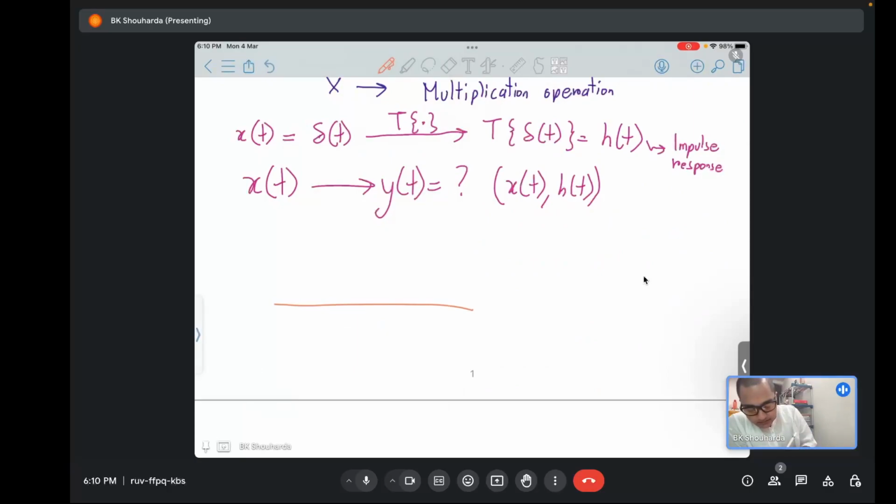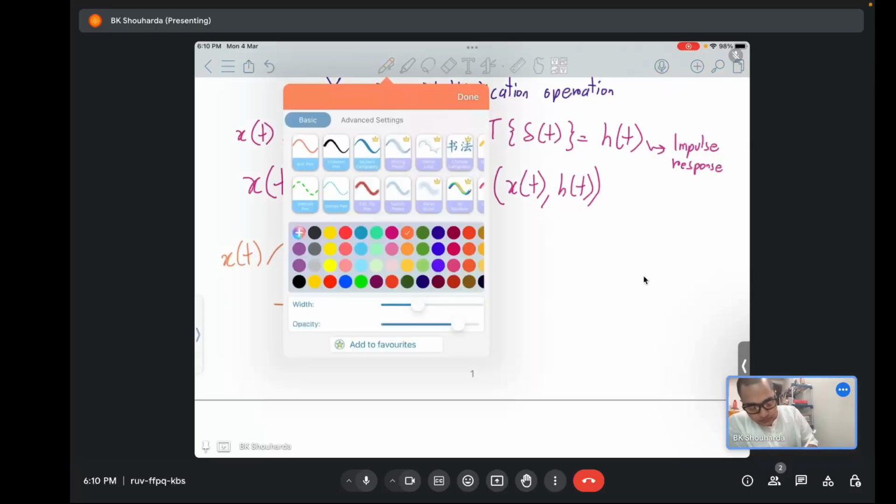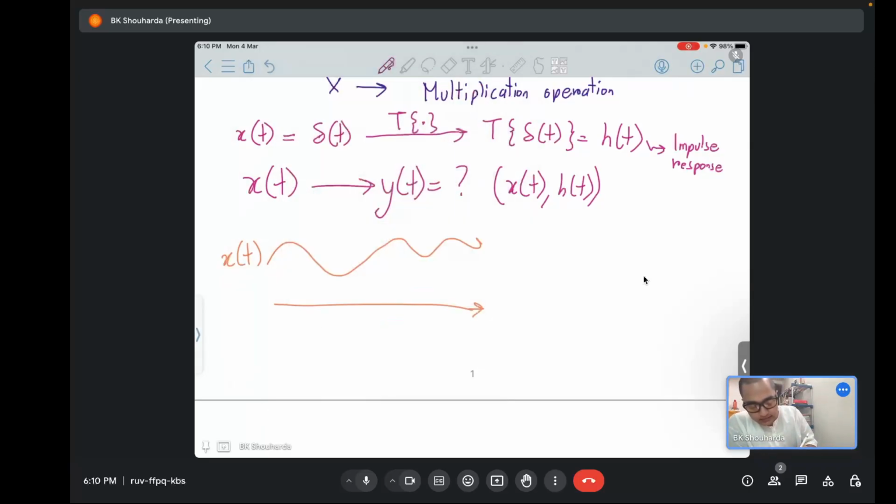When we have any signal, this is the x of t signal, any arbitrary randomly moving signal. How can we write this signal? Before writing it, let us capture a particular time instant, an infinitesimally small instant. I denote it by t naught, and the value I have captured is x of t naught.